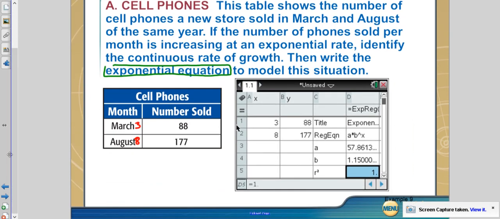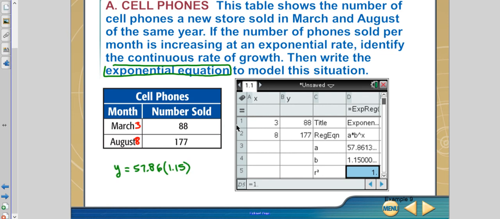All right, so the continuous rate of growth, by the way, that's your base. It's 1.15, so it's growing at 15%. 1 would be staying the same, so it's growing at 15%. So our equation would be y equals 57.86 times the base of 1.15.